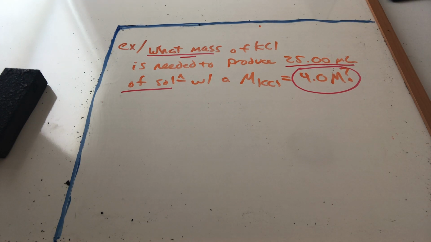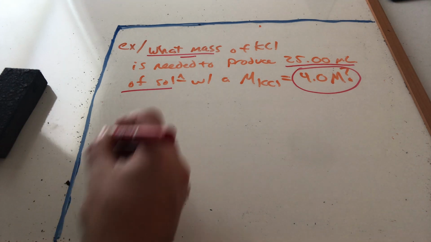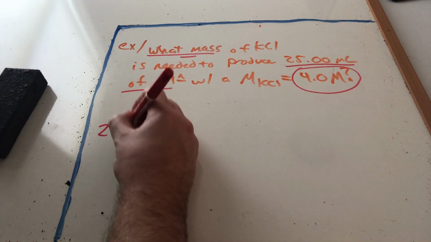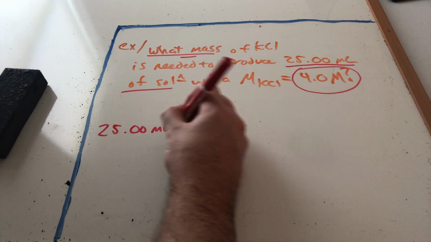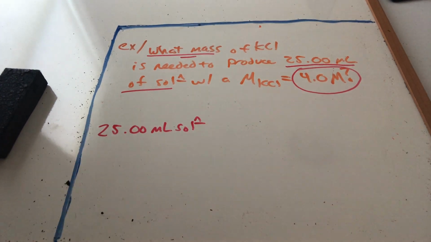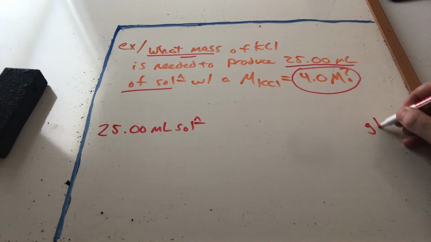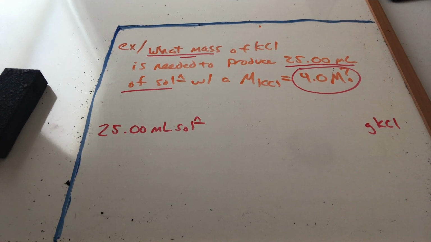This feels like a conversion problem, and I mentioned at the very beginning of this video, molarity can be used as a conversion factor. So what do we do for our general problem solving skills here? We take what we're trying to analyze, 25.00 milliliters of solution, we write on the left hand side. We're trying to get mass of KCl, so let's get grams of KCl on this side.